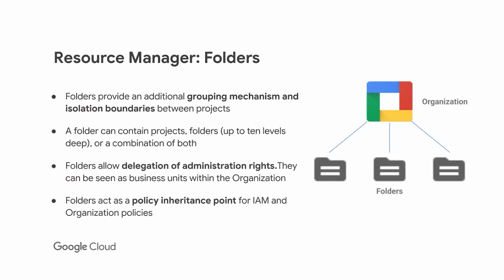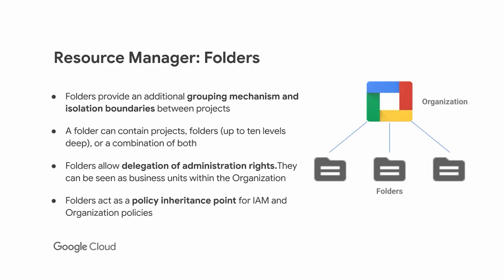Then we have folders. And like I said before, it's just a grouping mechanism. We keep it as simple as possible. If you could imagine a folder in any OS, you have the ability to just have folders within folders up to 10 levels deep. And you have a combination of both. You can have delegation of administration rights, where you can give some rights to some folders and some to others. And it's inherited.